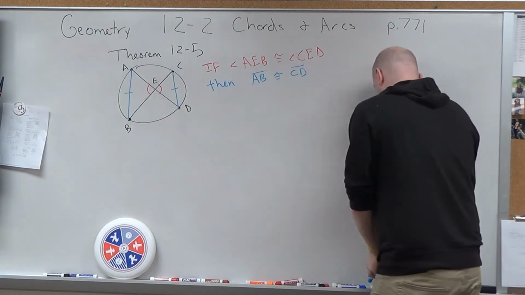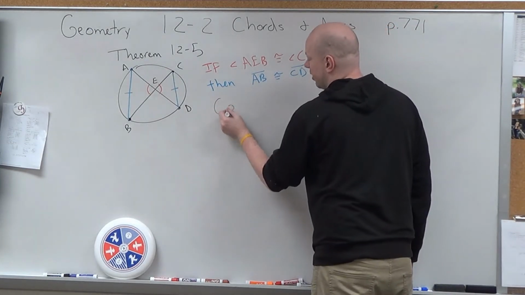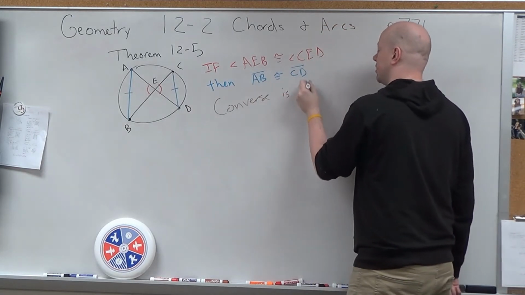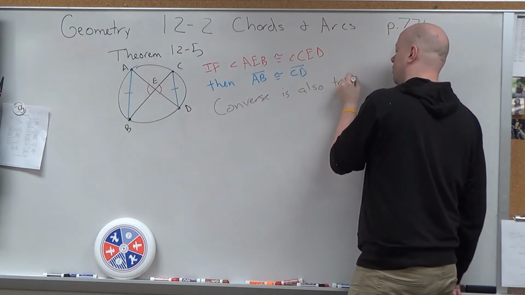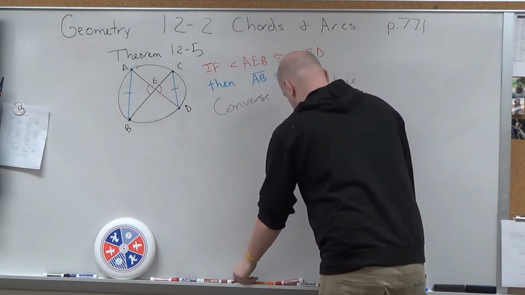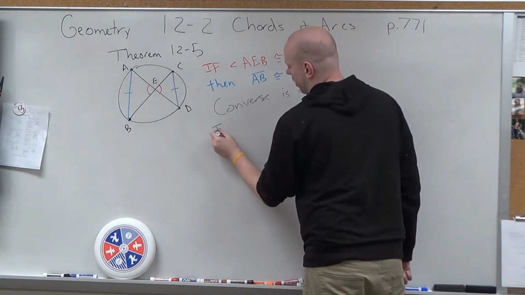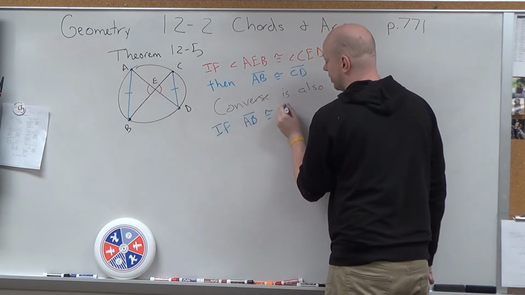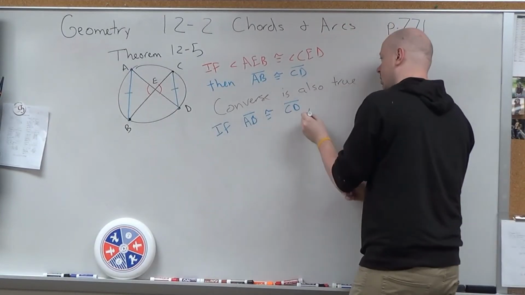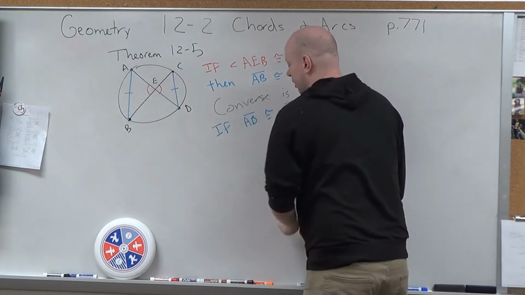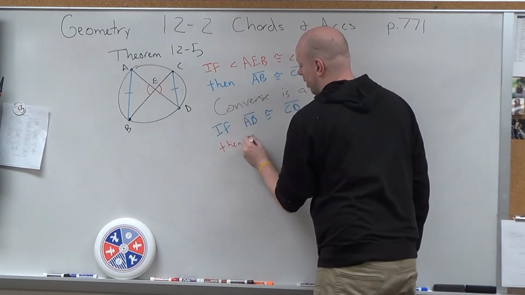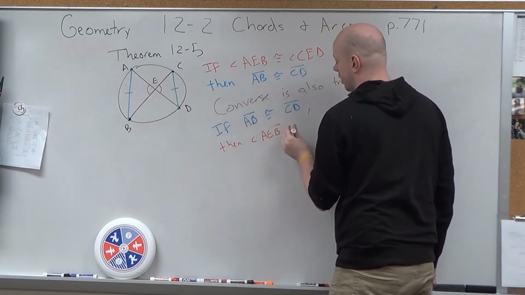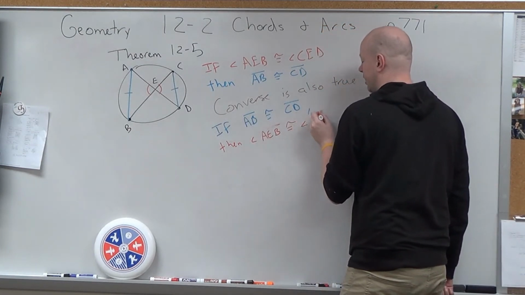And, as you might have guessed, the same thing applies for the converse. The converse is also true. So, if we were to write the converse, if segment AB is congruent to segment CD, then angle AEB is congruent to angle CED.